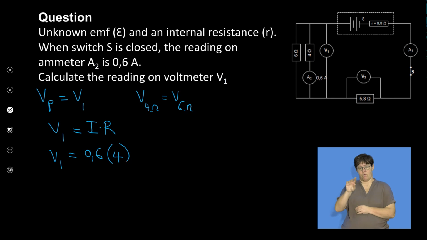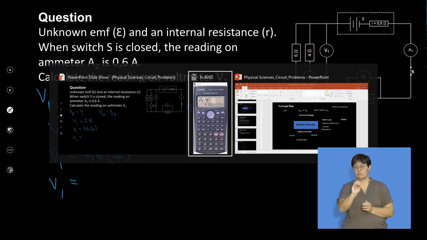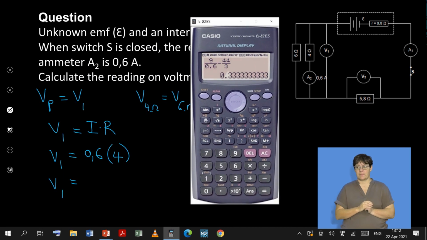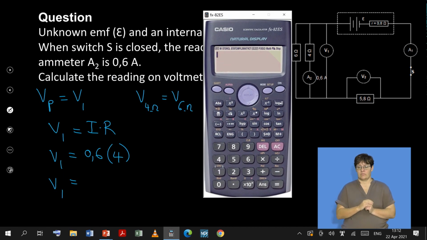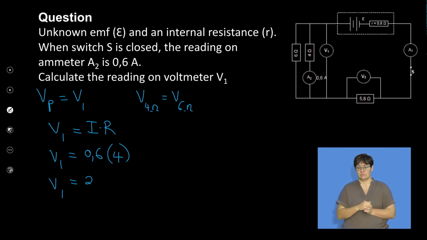So V1 is equal to, if we can quickly determine that by means of a calculator, 0.6 multiplied by 4. What does that give us? 2.4 volts.